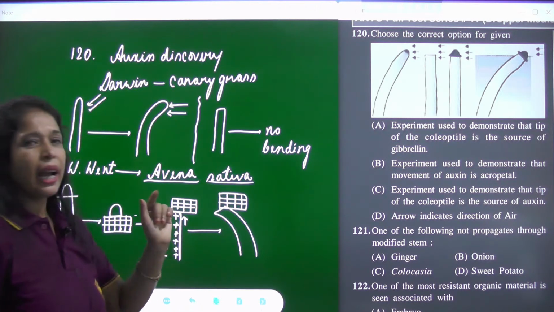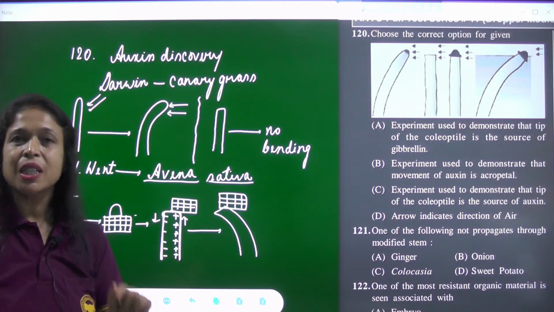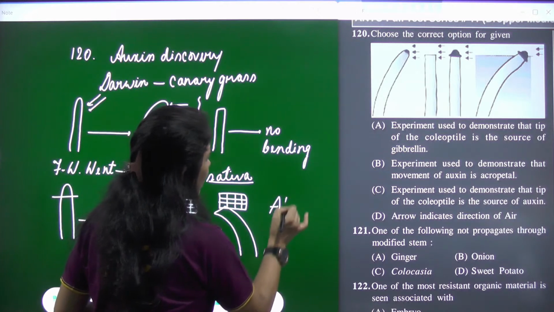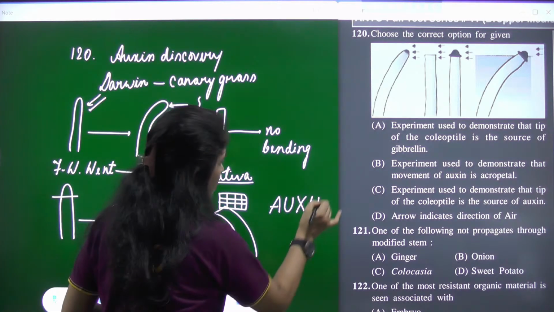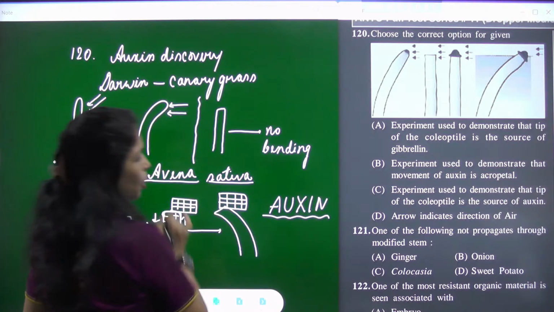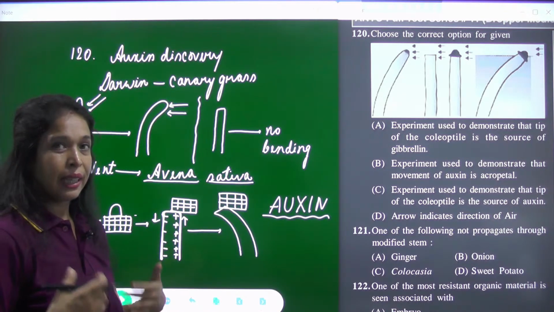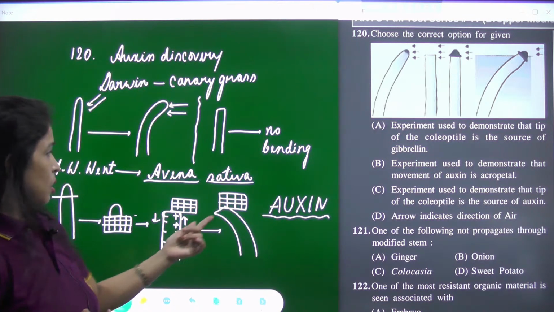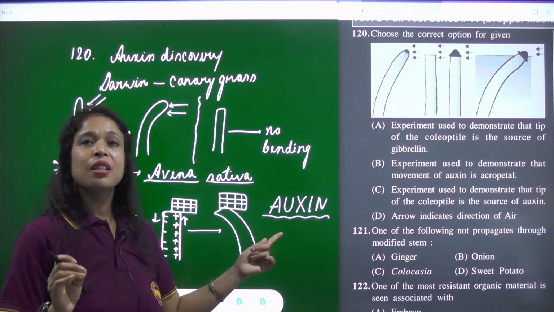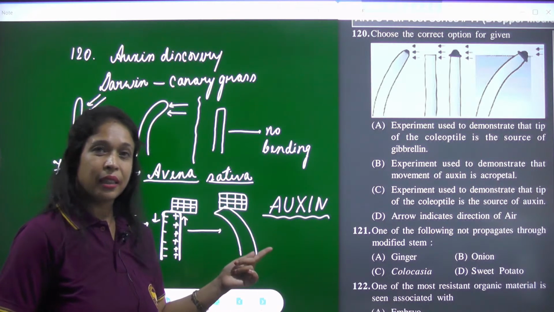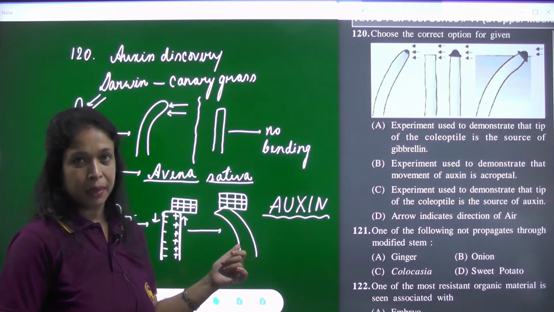Finally that chemical was extracted, isolated, and for the first time it was named auxin. Auxin means to grow, that is, growth. So this is the first growth substance discovered in plants, auxin.